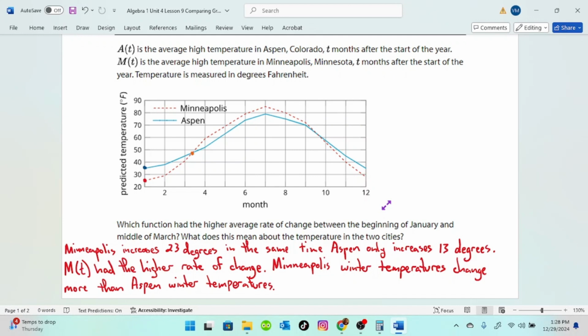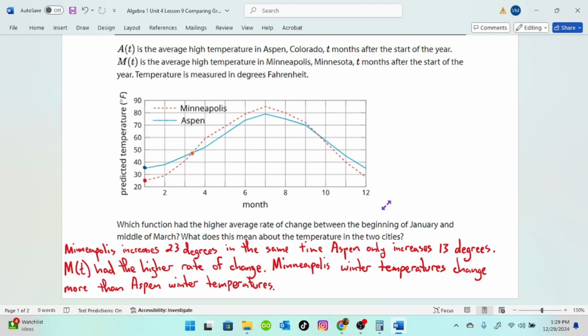So you could do the math to find the rates of change and then compare them, but you can also do it by logically interpreting the graph. If both functions meet at the same point in mid-March, but one had to climb higher to get there, then the one that had to climb more had to have the faster rate of change.